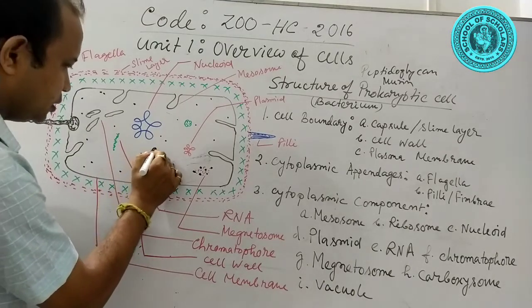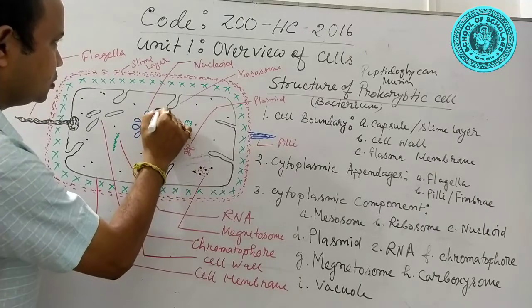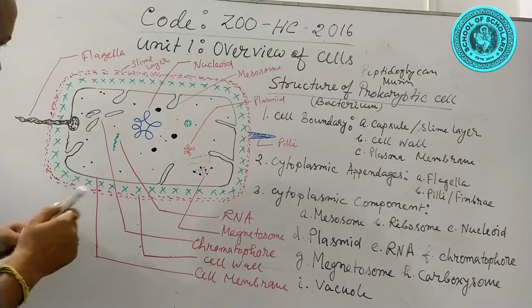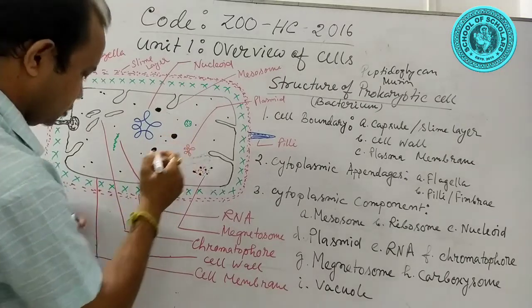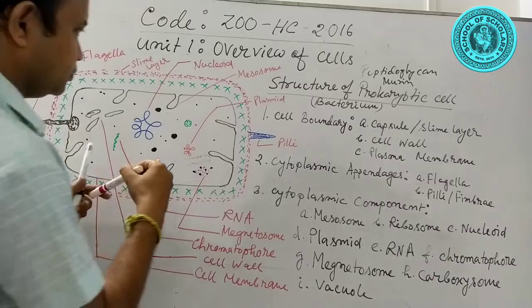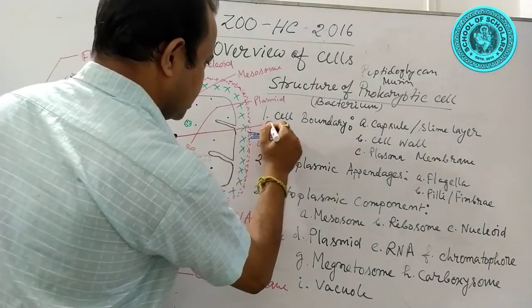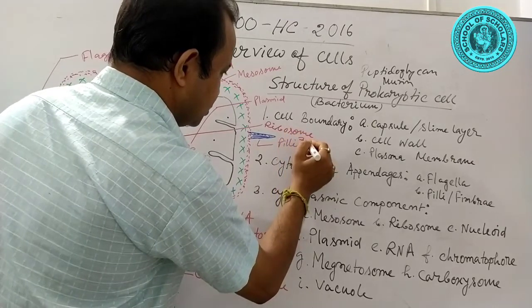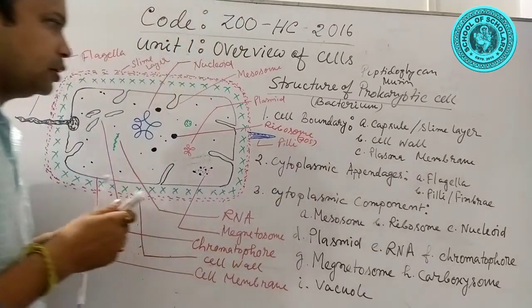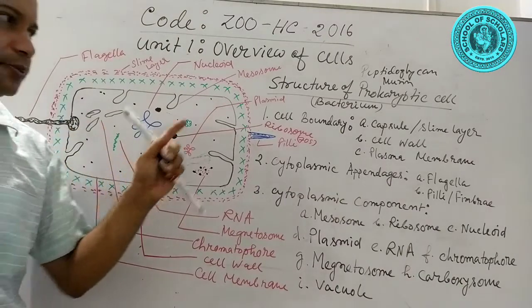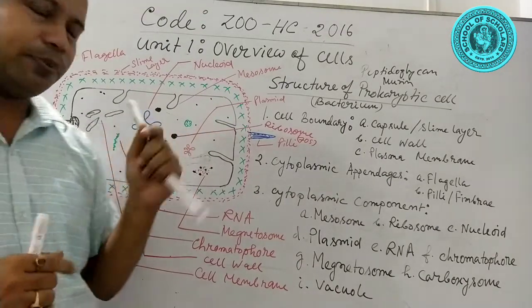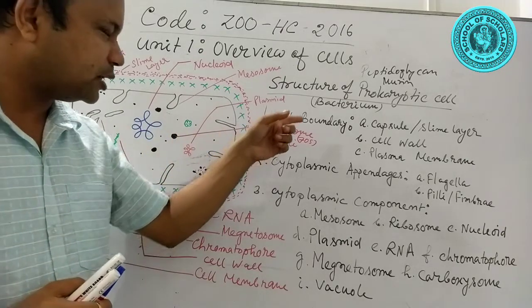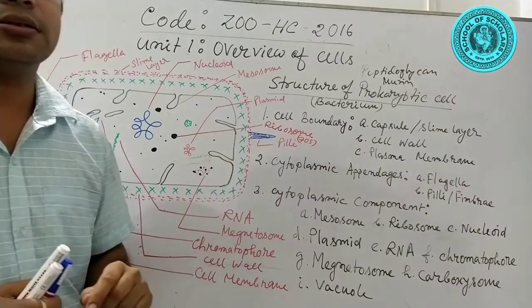Then the second one is ribosome. Suppose these are ribosomes. In a prokaryotic cell, as bacteria is a prokaryotic cell, it contains ribosomes which are generally of the 70S type.